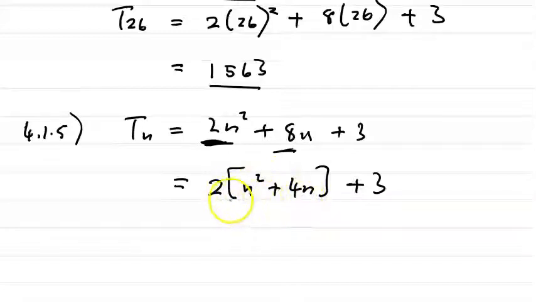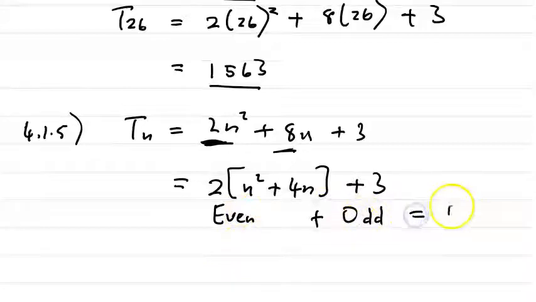It doesn't matter what value I put in here for n, 2 times any number will be even. And I do have an odd number here, which is 3. So basically an even number plus an odd number will always return an odd number. That's our solution to this question.